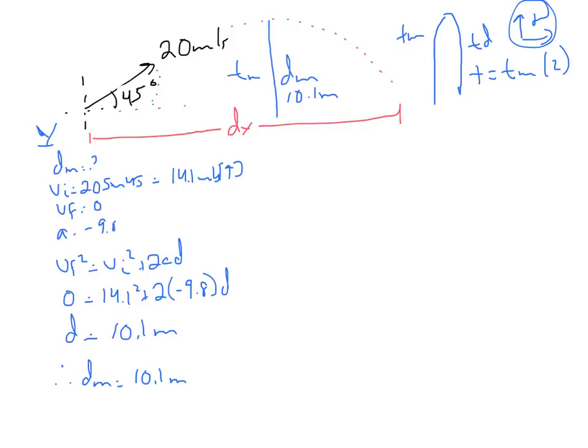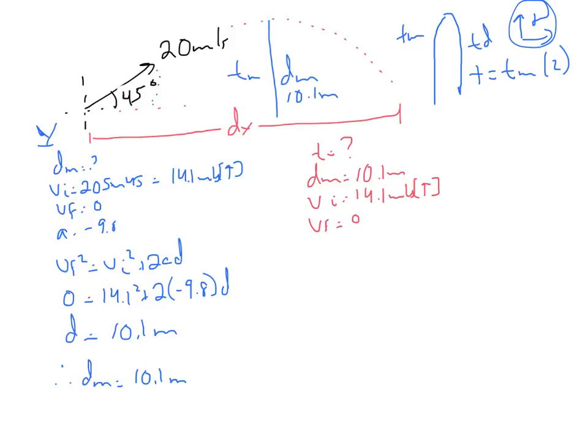So again, looking at the vertical, time is the question. dm is 10.1 meters. Vi is the same, 14.1 meters per second up. And Vf is 0.